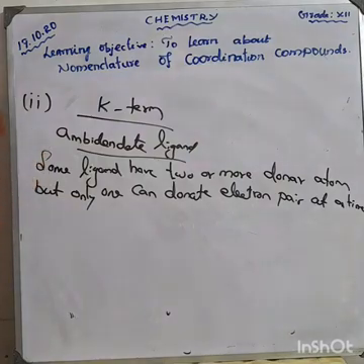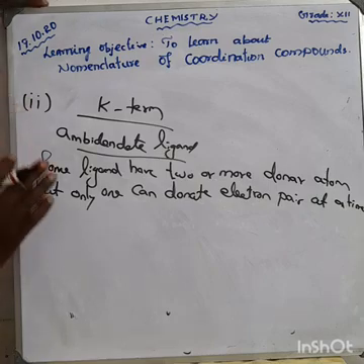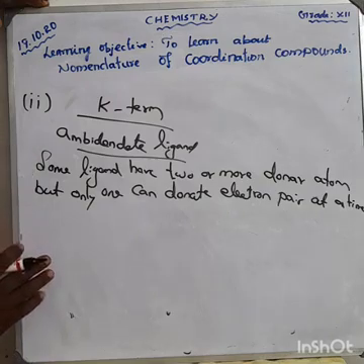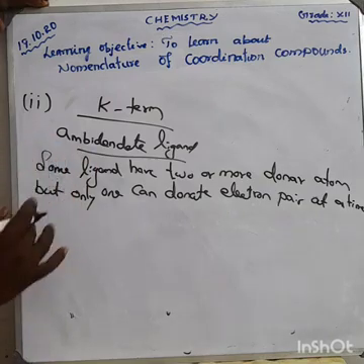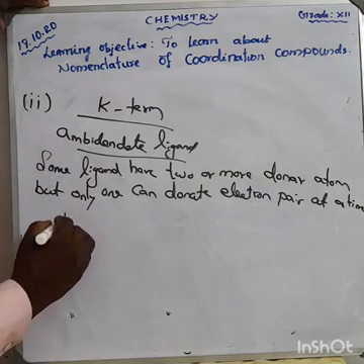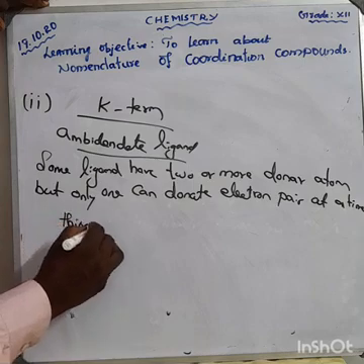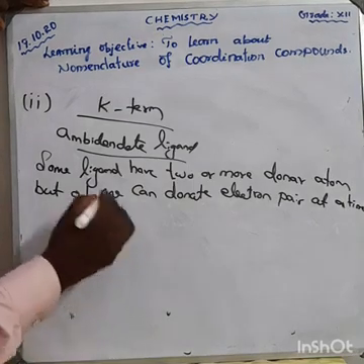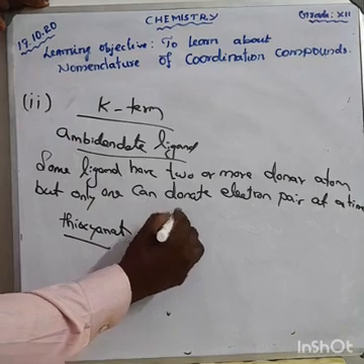That we are calling an ambidentate ligand. What is the example here? The ligand thiocyanate. Thiocyanate means SCN.